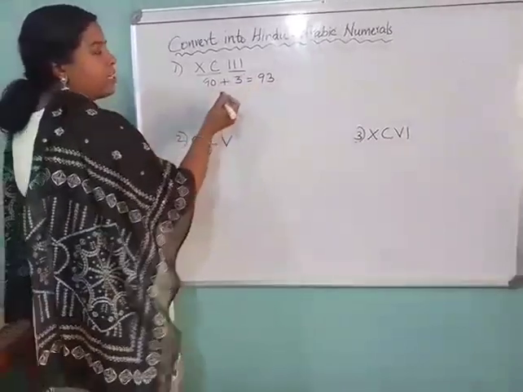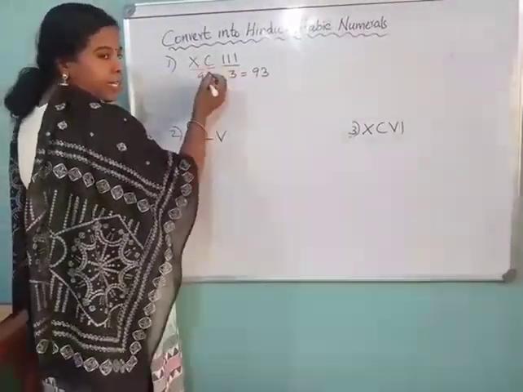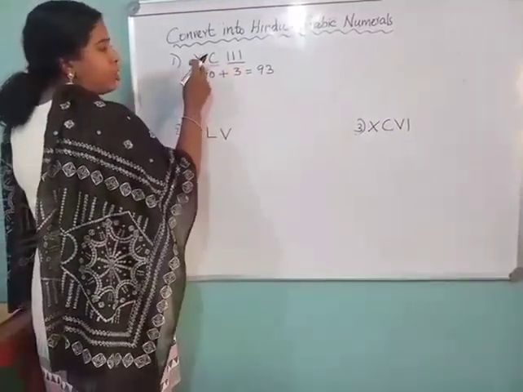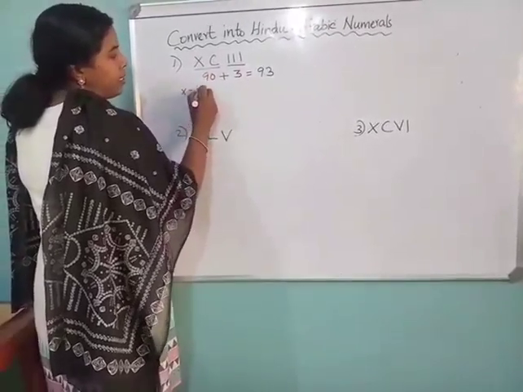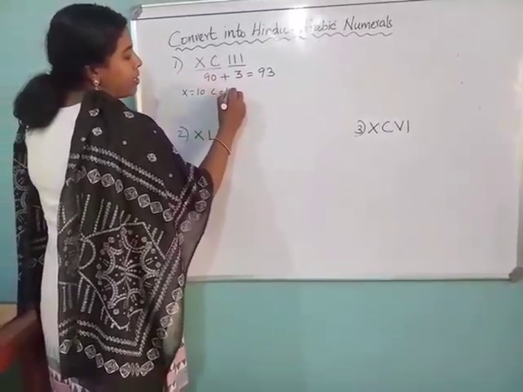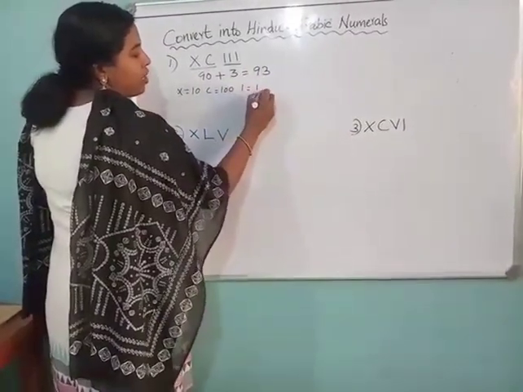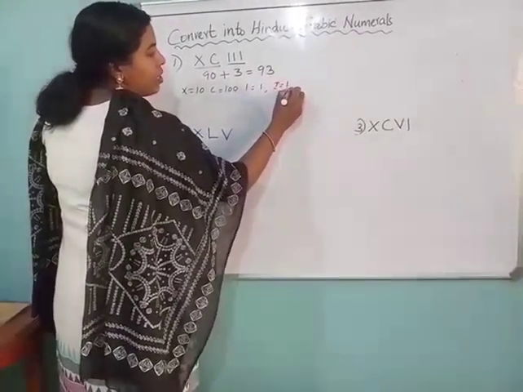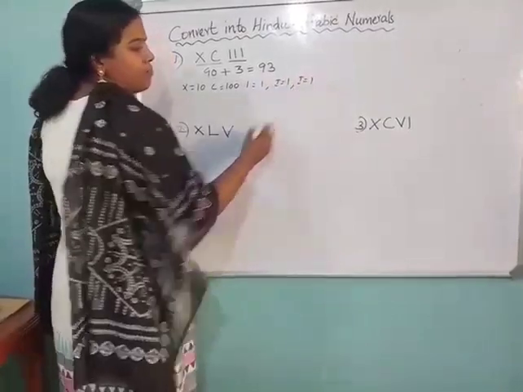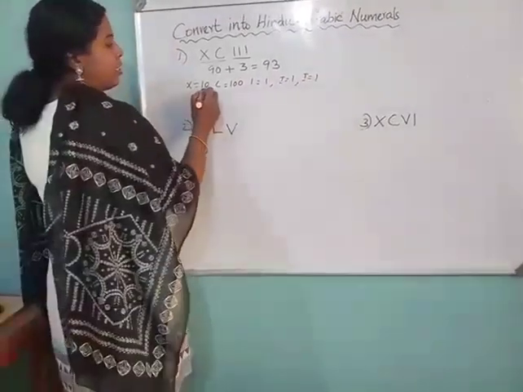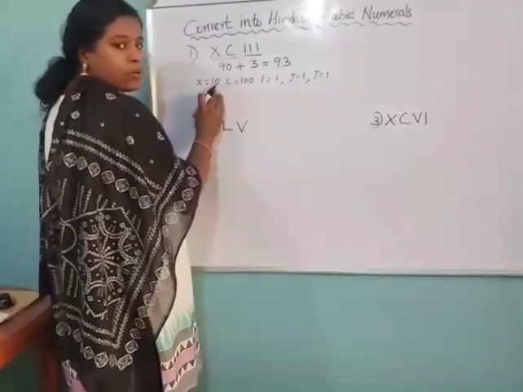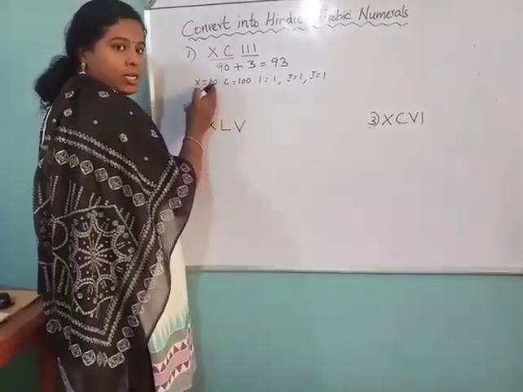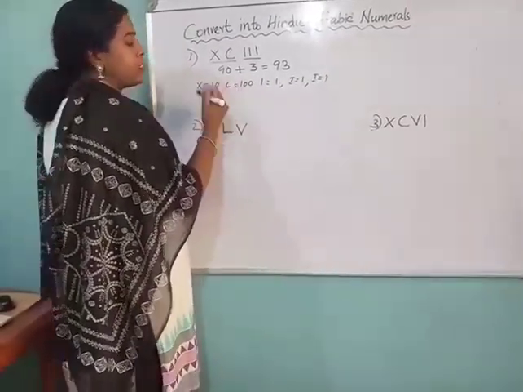If you find it difficult to read XC as 90, write the value of each symbol. So X shows 10, C shows 100, I shows 1, again I shows 1, one more I for 1. So here after 10 comes 100. You know that a smaller value on the left hand side means we should subtract.